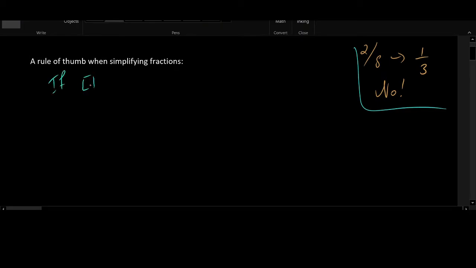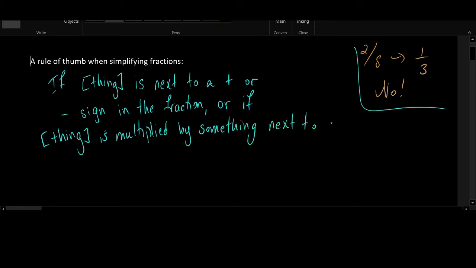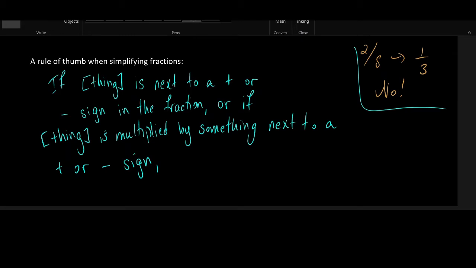If this thing that you're trying to cancel is next to a plus or minus sign in the fraction, or if it is multiplied by something that's next to a plus or minus sign, then what is the takeaway?